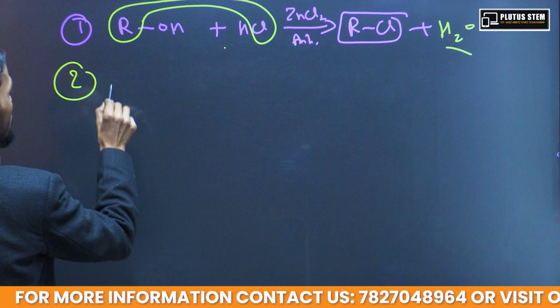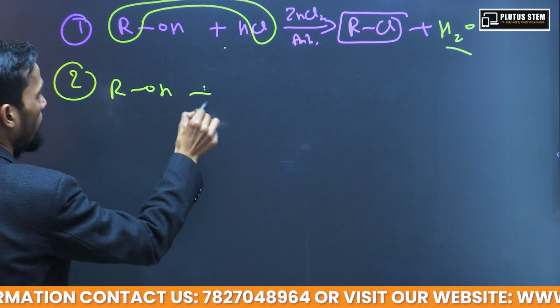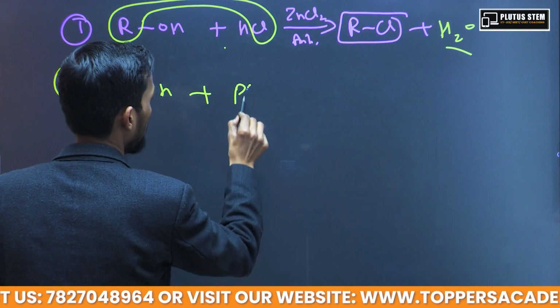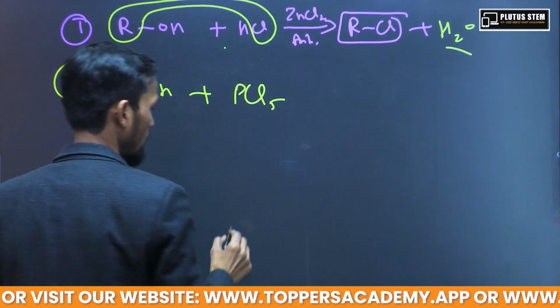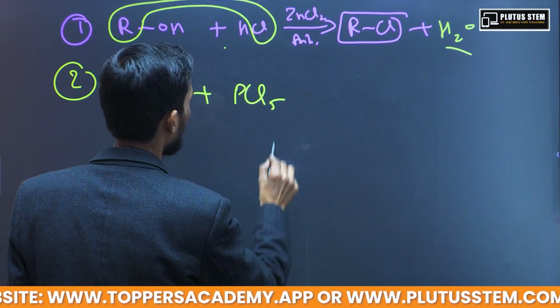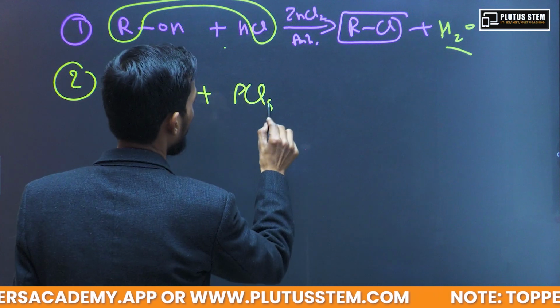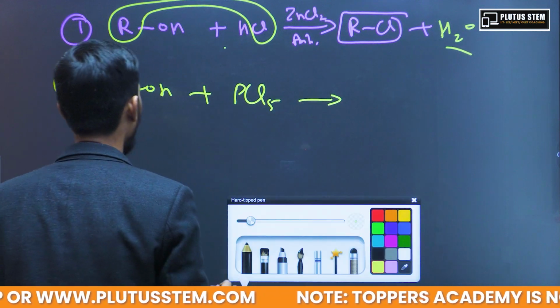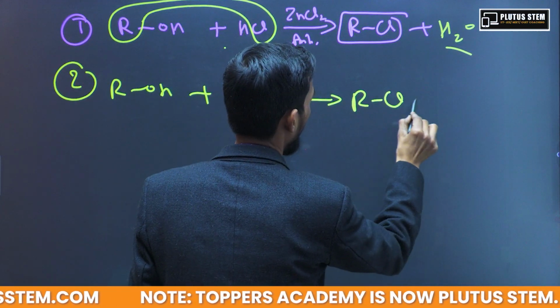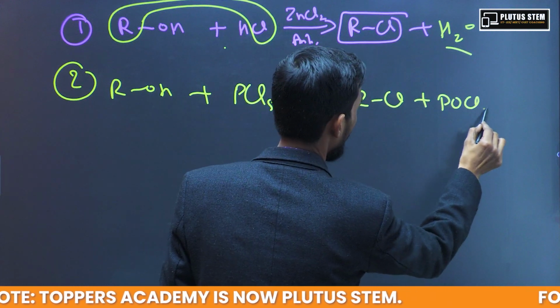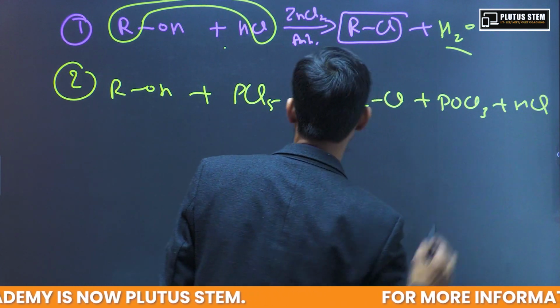The second reaction was ROH when reacted with PCl5, it gives RCl plus POCl3 plus HCl.